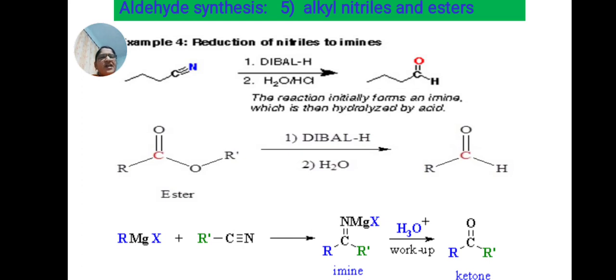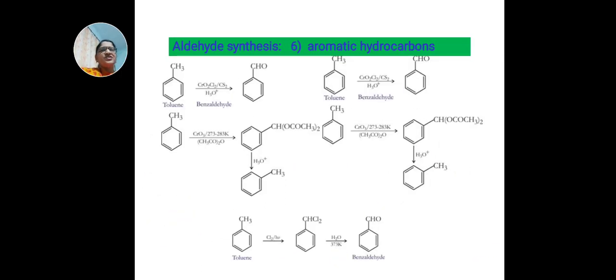If this RMgX reacts with alkyl cyanide, that is RC≡N, then in the first step it forms an imine, that is RCR', in which this nitrogen is attached through a double bond to the carbon and has MgX on the nitrogen. This compound is called an imine. Then by hydrolysis with H3O+, it forms a ketone, that is RCOR'.